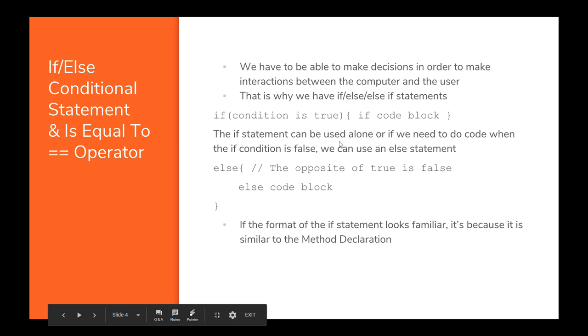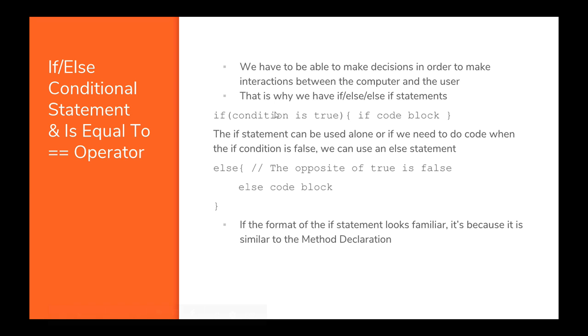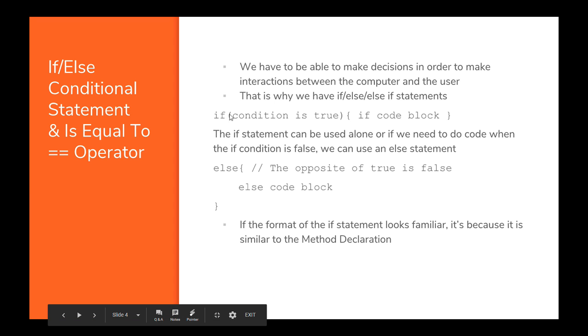But if we need to check both if the condition is true and the condition is false, so if we're only checking a Boolean variable, we could check for true in the if, and then the else would be the automatic opposite. Else is going to run if this condition is false.